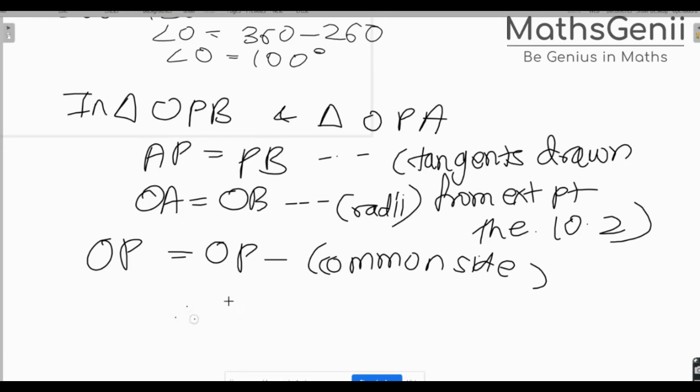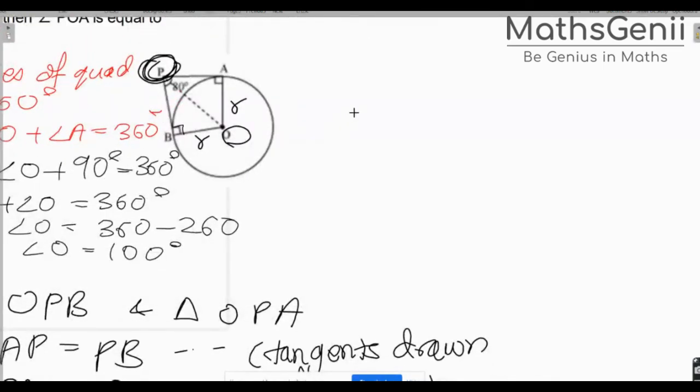So therefore these two triangles are congruent. Therefore I can say that this big angle O, 100, which we just found out, this is angle BOA, is 100.